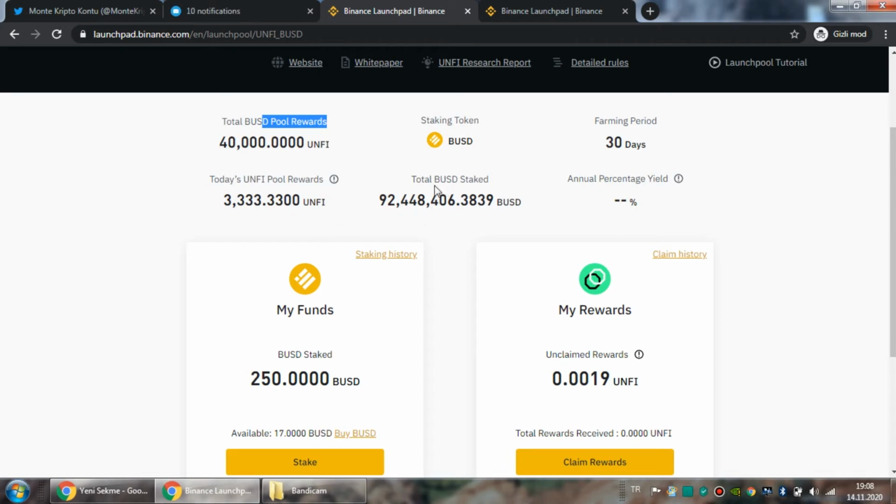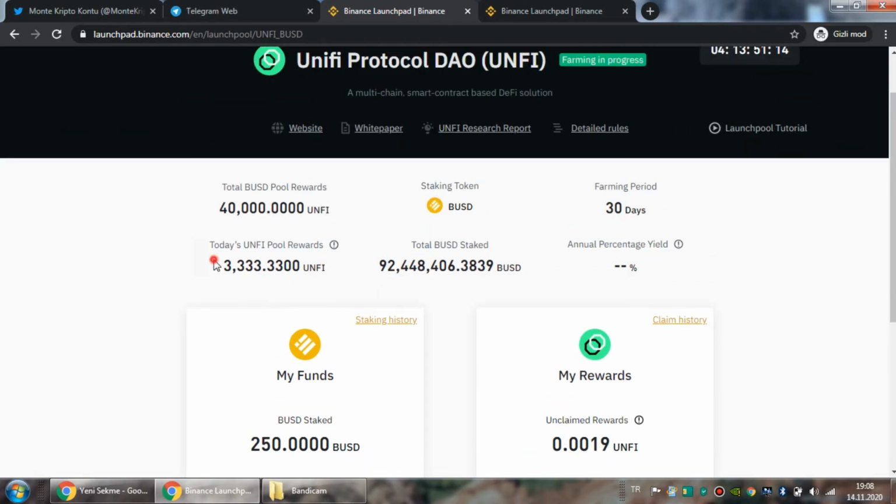So this is the total BUSD staked, and this is what I staked. You can calculate how much I earned from this pool, I mean, for example, this amount divided by this, and then multiplied by this, and after that you can calculate.